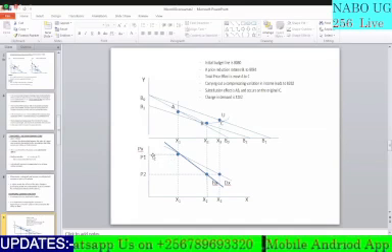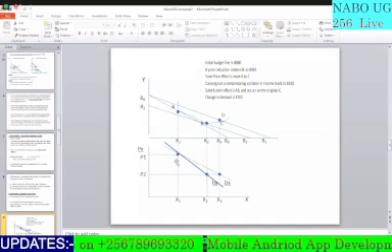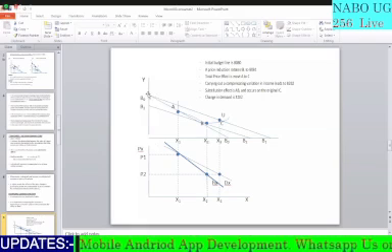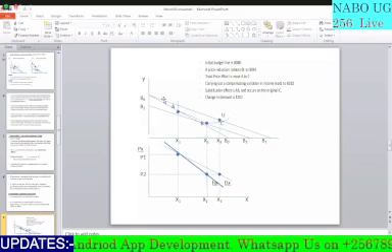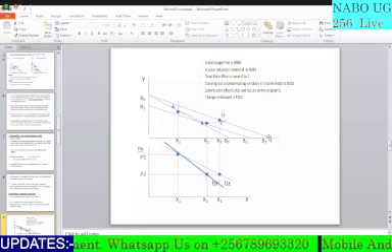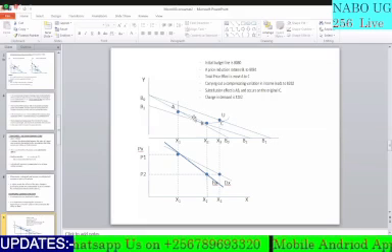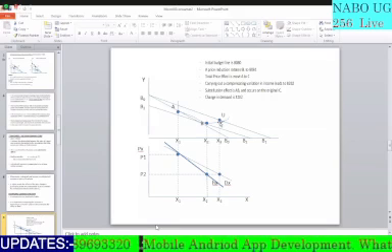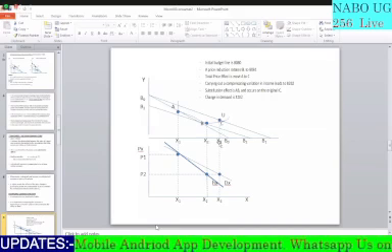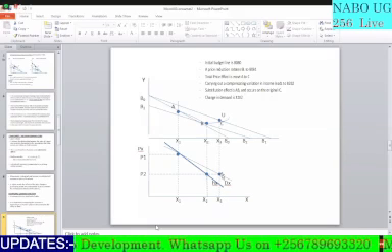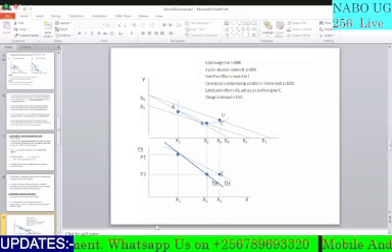Now when the price falls to P2, the budget line rotates outwards and the individual moves to point C. At point C, he is able to consume more units of X, that is X3. When you record that in the lower diagram, you have that point here. At price P2, the individual settles here.